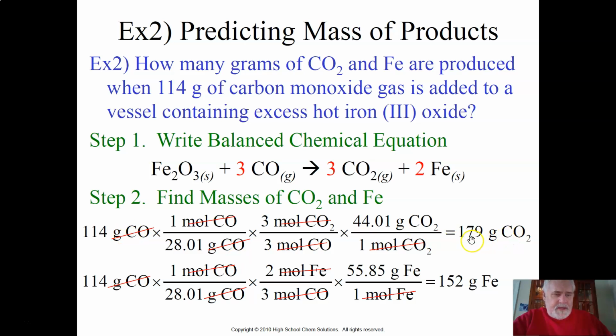So this is actually going to lead into the type of problem that we're going to do next time, which is given 114 grams of CO2 and excess of this, then we're going to have to ask the question, well, we got two different answers given the same amount, so we're going to put that on hold right now, but only one of those is the right answer, because if you start with the same amount, how much CO2 do I get?